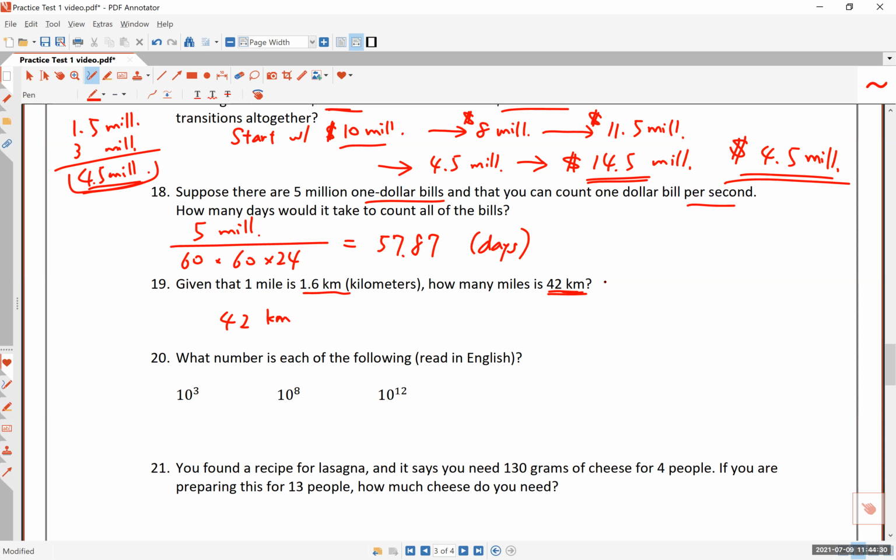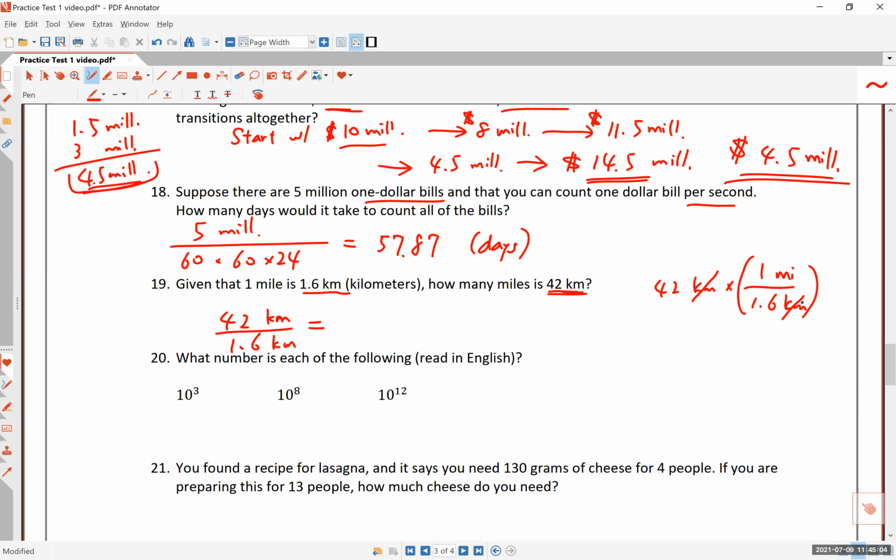That's the same question, right? So all you have to do is take 42 kilometers and divide by 1.6 kilometers, and that's going to give you a number that's smaller than 42, which is the correct thing. Now you could actually do 42 kilometers times 1 mile over 1.6 kilometers, and the kilometers units cancel each other, and you will end up with number of miles.